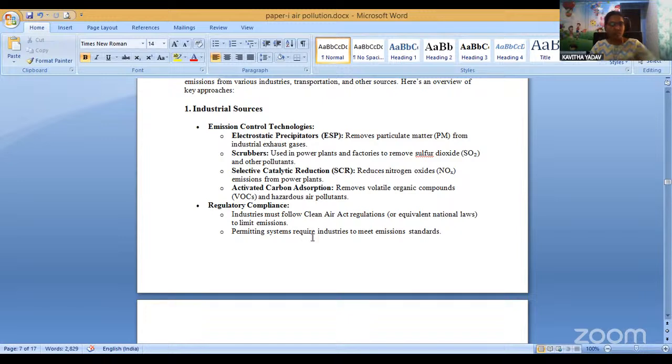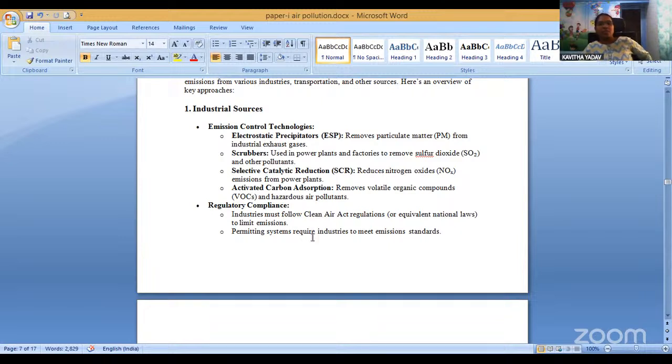The fourth one is activated carbon adsorption, which removes volatile organic compounds and hazardous air pollutants.